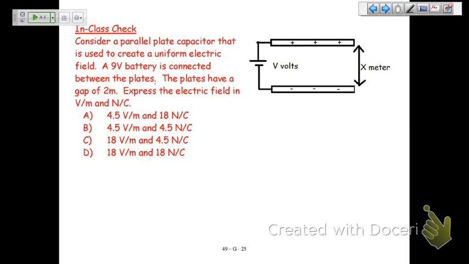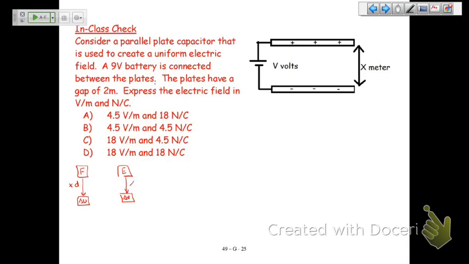What we learned, if I think about my box: this was force and this was field, and this was delta U and this was delta V. If I wanted to go from force to field, I multiplied by D, some kind of length.